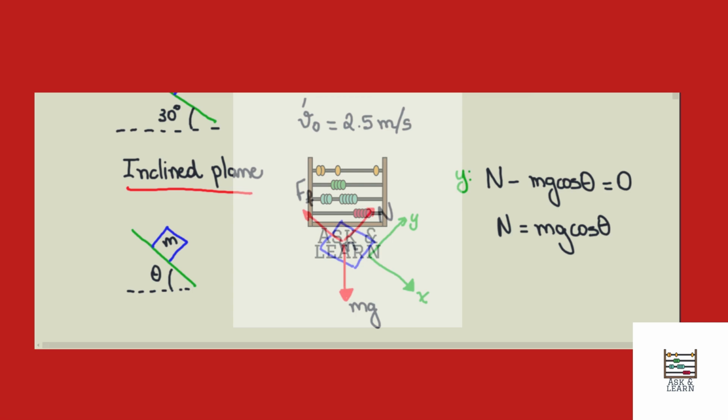Now in the x direction, let's assume that the block is moving with an acceleration a downwards. So the sum of the forces is the component of the gravitational force along the x direction, which is mg sine theta, minus the friction force, and this is equal to the mass times the acceleration.